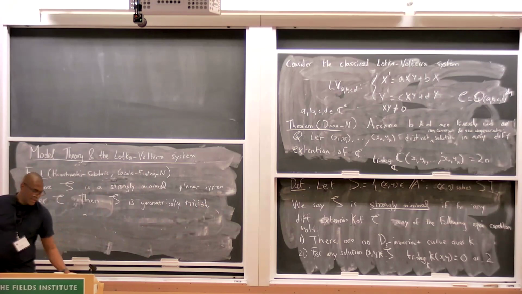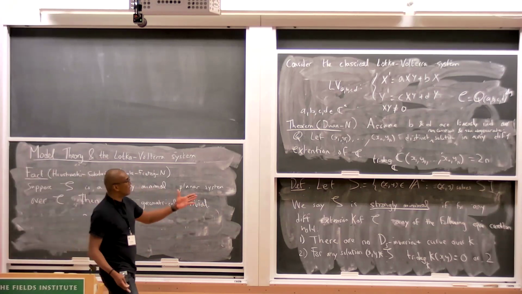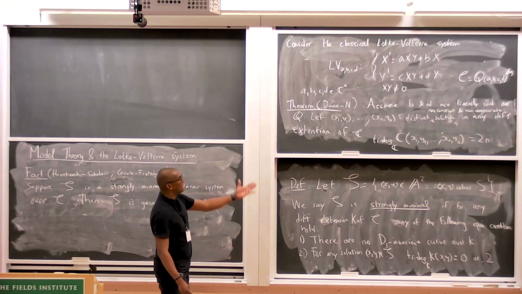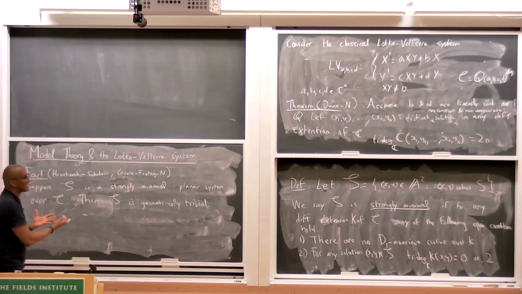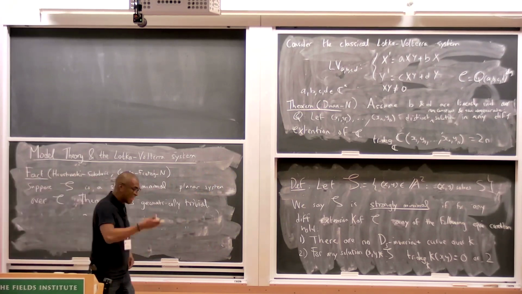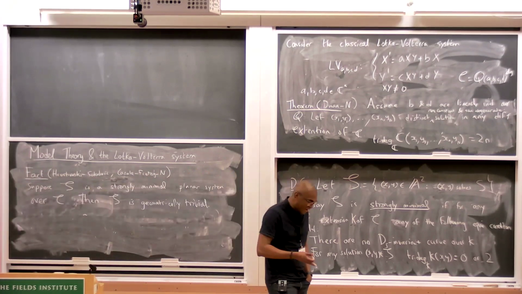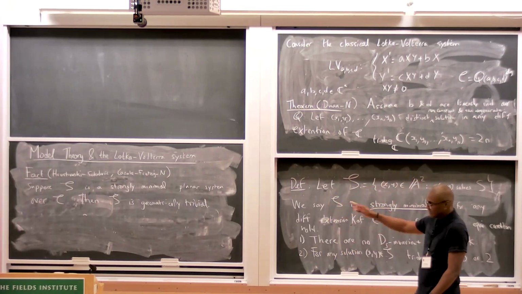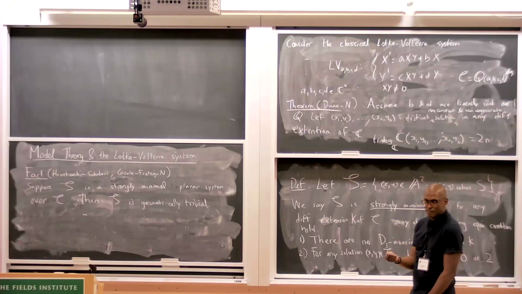And so if it wasn't clear before, why would one want to insist on proving strong minimality for these kinds of problems? I hope now it's clear, at least for autonomous planar systems. So if you were to have a non-autonomous planar system, say you still have a planar system, but maybe it's defined over a non-constant field, then you don't have such a direct way to get triviality.